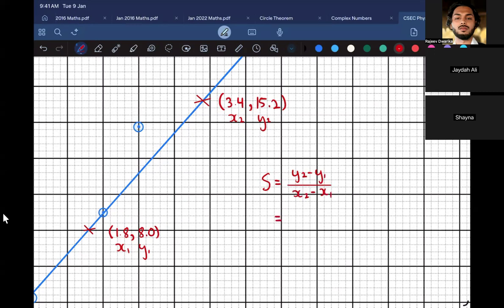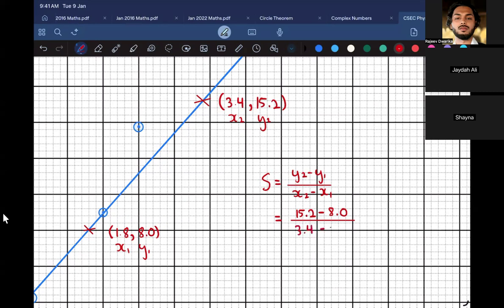Right? What is y2? Tell me, Jada, what's y2? 15.2. What is y1? 8.0. And we're going to say x2 minus x1. Now, what is x2? 3.4.